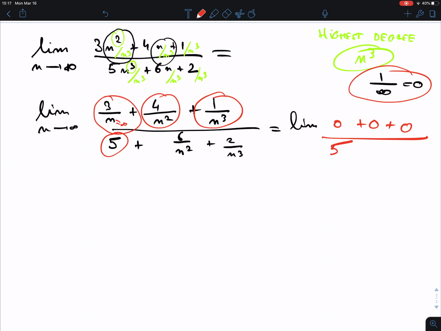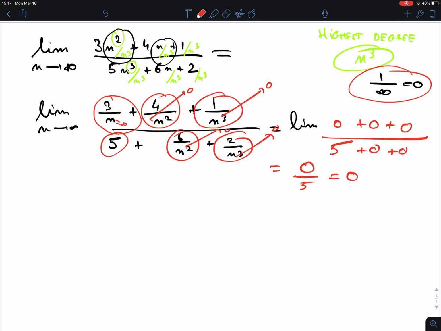This is 0, and again this is 0. So they all go to 0. Sometimes we denote this with a little arrow saying it goes to 0. What's left is 0 on top, 5 in the bottom, that is just 0. Alright, so that's how you calculate a limit of a sequence when it's given by a formula like that.